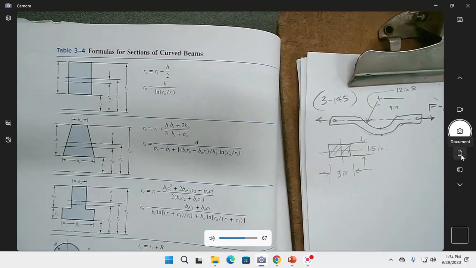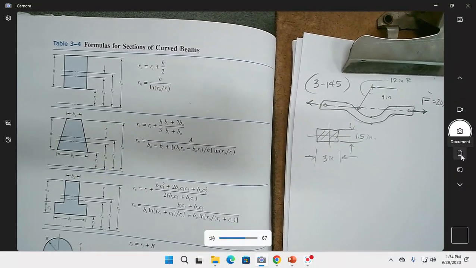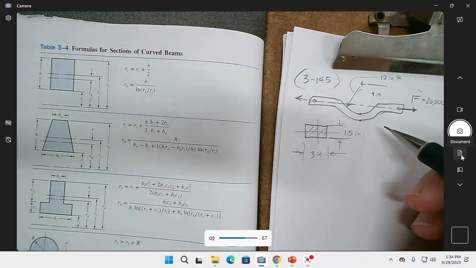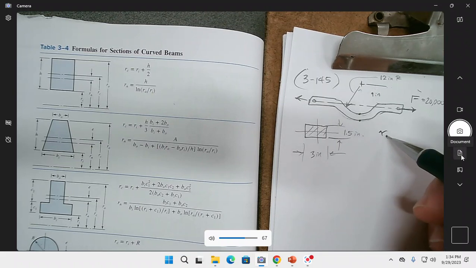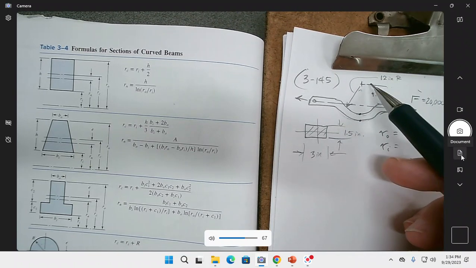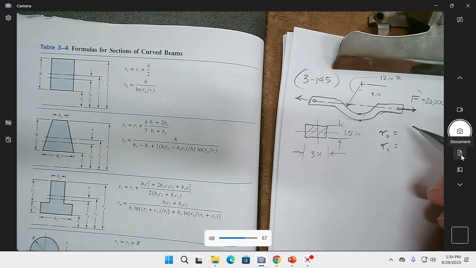Our main thing, we want to start to get the variables that are necessary for us. RO and RI are important ones, right? Those are the radii to the center of curvature, which they've provided right there on the figure. So RI is what they told us was 9 inches.